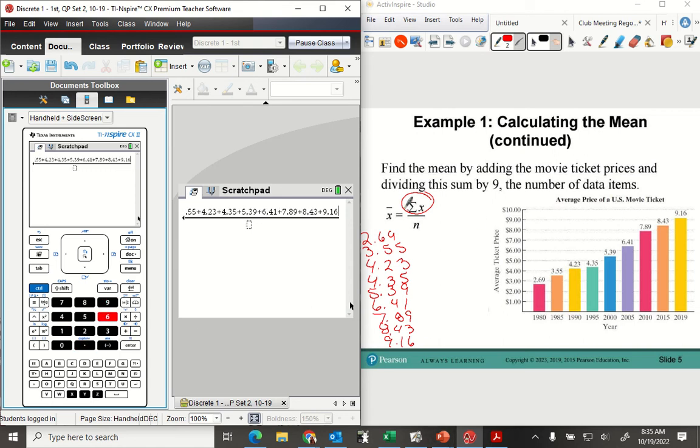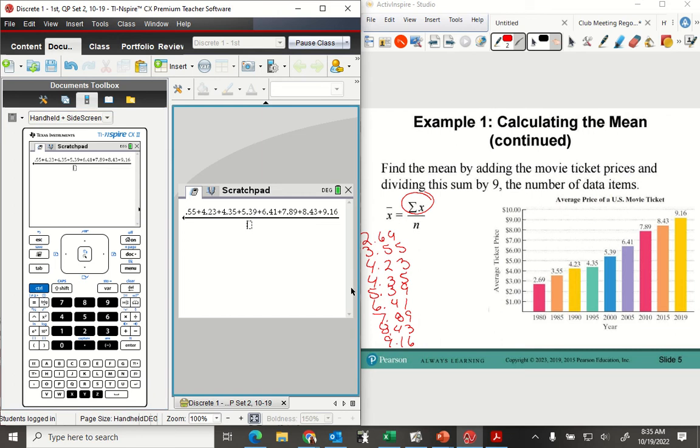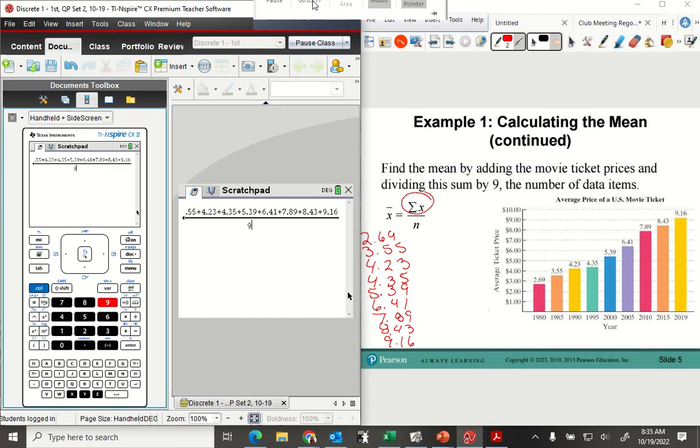So I have them all listed right here to make it a little bit easier if you guys can't see it on your paper. So how many values do I have there? I have 9. So the number on the bottom has to be 9. On my calculator, I'm going to put this over 9.